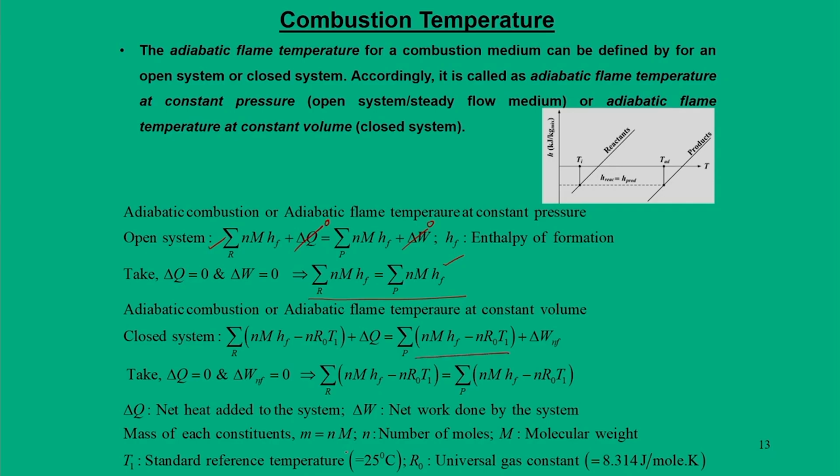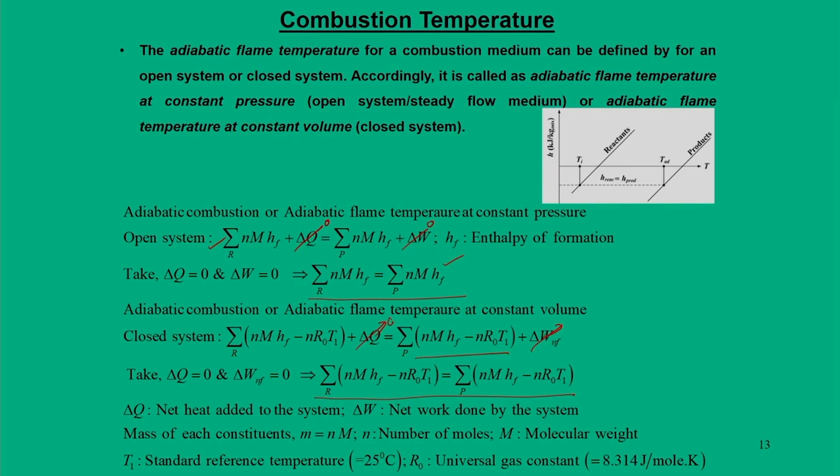In this form of equation also the non-flow work is 0 and this is also 0. Based on this we arrive at this particular expression in which the enthalpy of reactants and the enthalpy of products match. Under those situations, the maximum temperature that you can achieve is known as the adiabatic combustion temperature.